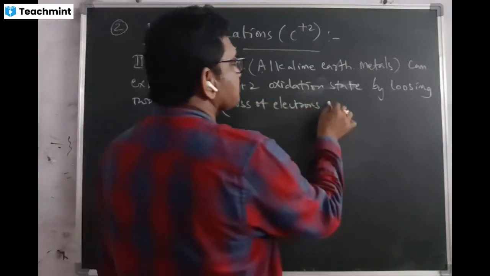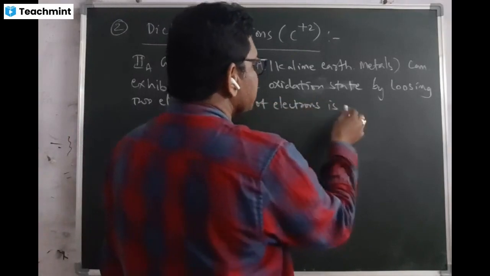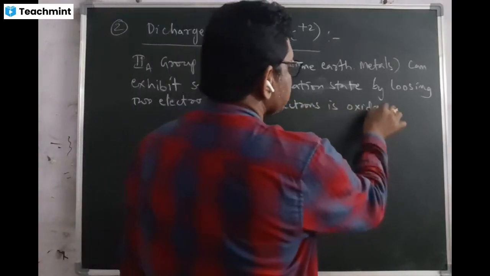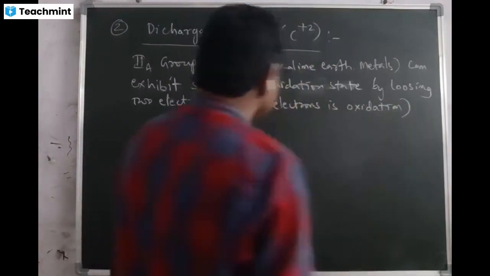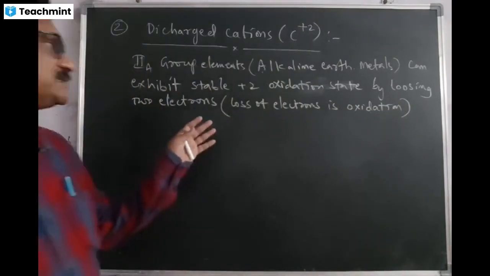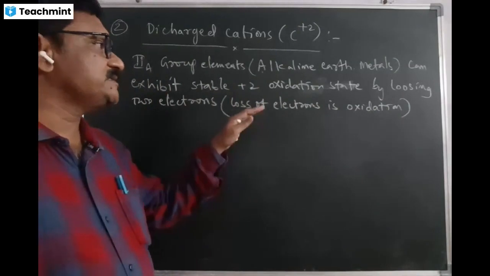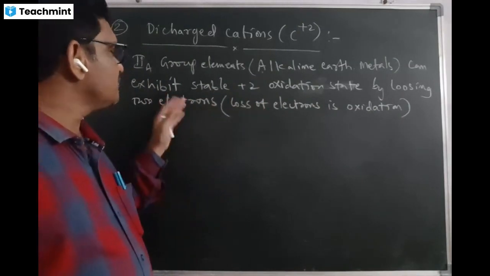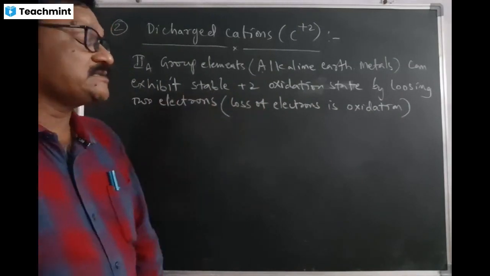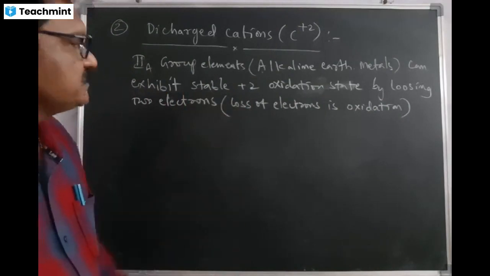Loss of electrons is oxidation. This thing you have to remember. That means second A group metals undergo oxidation. They lose 2 electrons from the outer orbit, convert into +2 ions, and those are stable in nature.